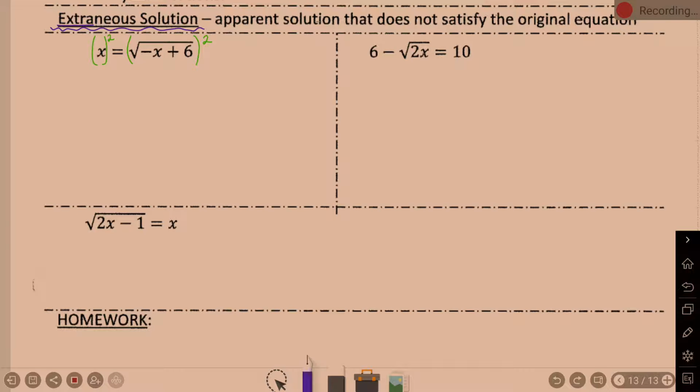What is x when we square it? X squared. Which is what brings the whole different twist into this problem. What is the square root of negative x plus 6 squared? Negative x plus 6.